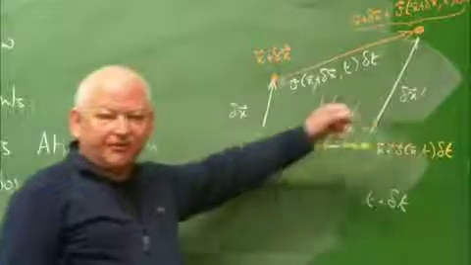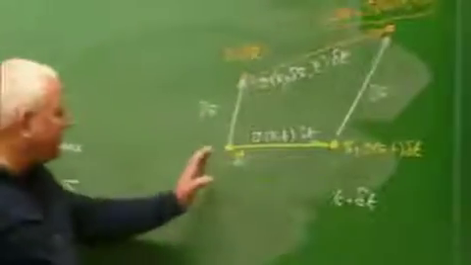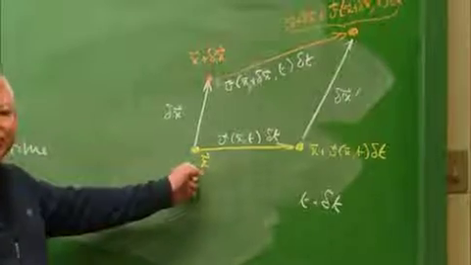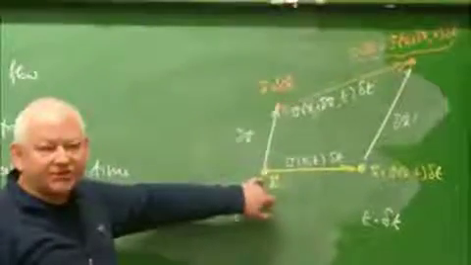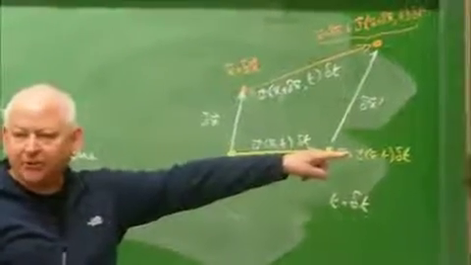What I'm going to do is take the final vector, delta x dashed, minus the initial vector, delta x, and divide by delta t in the limit as delta t goes to 0. What am I actually measuring? Well, if you put yourself into the fluid and you move with the fluid, then you are sitting at position x and observing the fluid point near you.